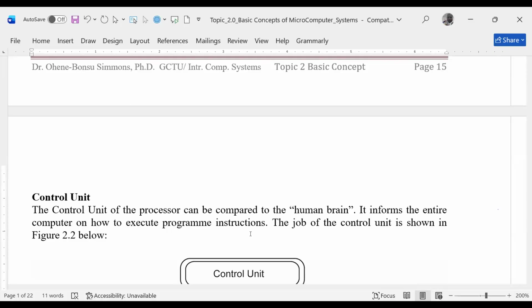Ernest, let me hear you about the ALU. The ALU performs logical operations and mathematical operations.